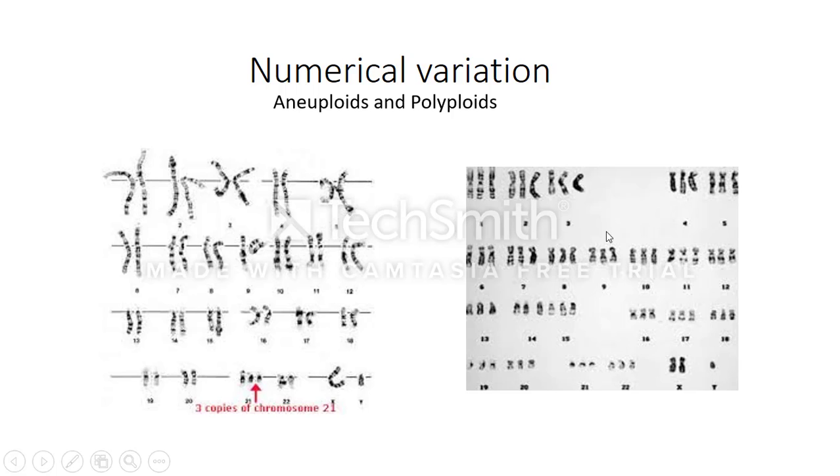But in this case, every single chromosome has 3 in each situation. So this entire genome has extra genomic information that it actually does not need. Polyploidy then is defined as a change in the number of chromosome sets.